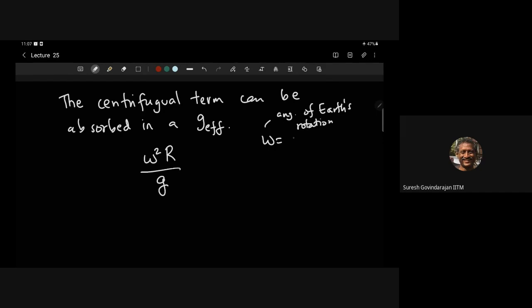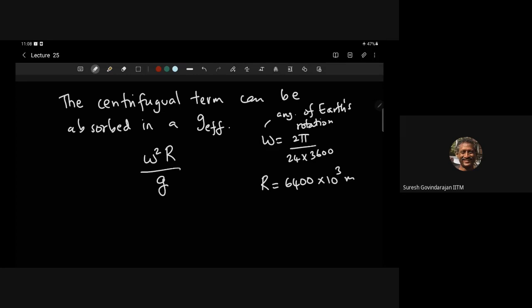So what will be the angular velocity? It will be 2 pi in how many hours? Around 24 hours, and 1 hour is 3,600 seconds. So you can see that omega is a fairly small number. But what is R? It's around 6,400 kilometers, converted into meters.